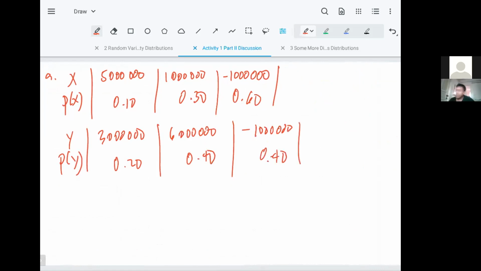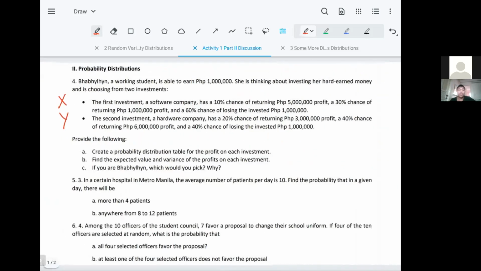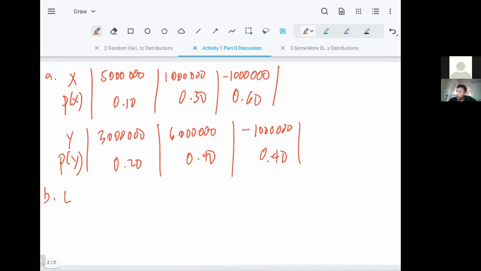Actually, yung letter C, pwede mo na agad sagutin dyan eh. Mukhang obvious na kung ano yung mas maganda, di ba? But first, we calculate expected value and variance for X and Y. Basically, it's a measure of the average profits for X and Y for the 2 investments and how varied the values are.